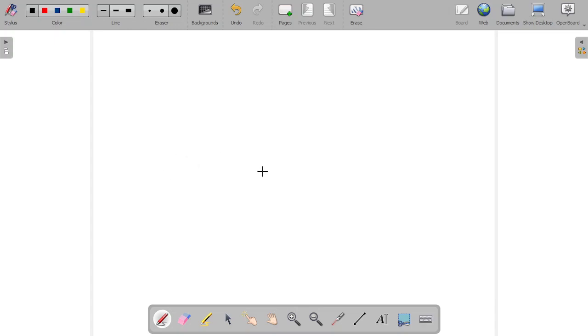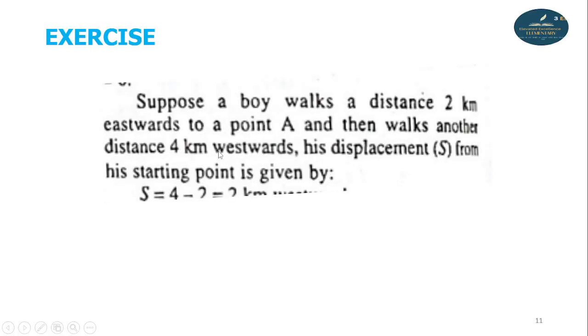It walks 2 kilometers to a point A eastwards, and then walks another distance 4 kilometers westwards.